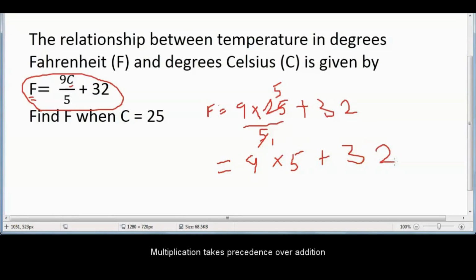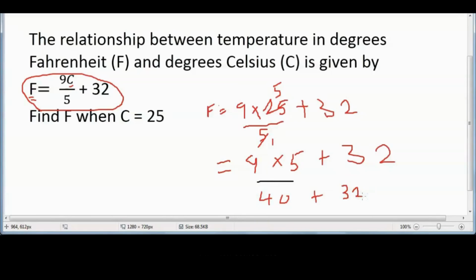Multiplication takes precedence over addition. 9 multiplied by 5 is 45, plus 32.